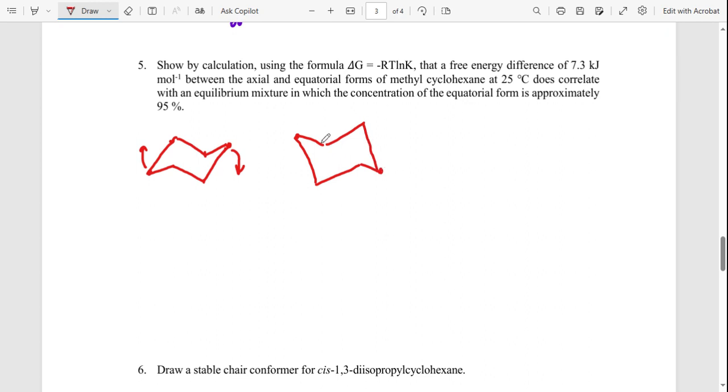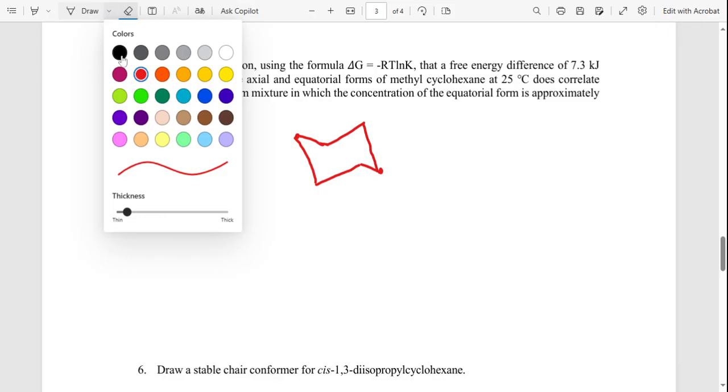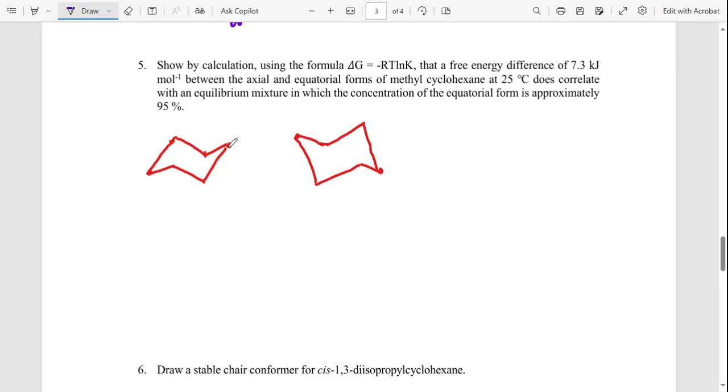Now, remember, we have got a methyl. This is a methylcyclohexane. So you're going to decide yourself where the methyl is going to be. Let's say this is carbon number 1 here.